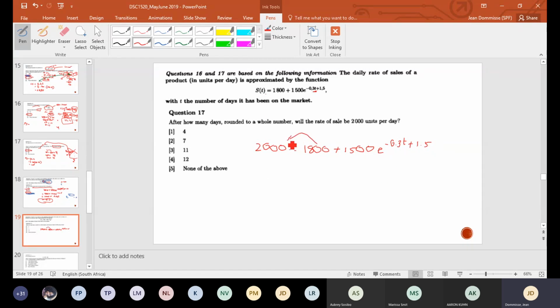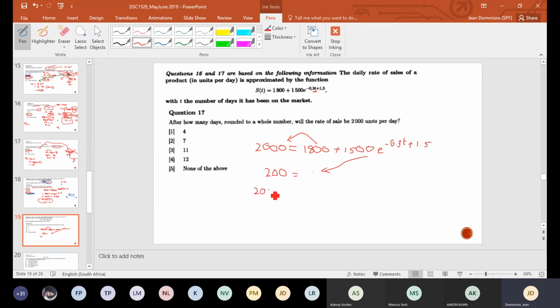Firstly, I need to move that to that side. So 2000 minus 1800 is 200. So that is equal to 1500 e to the power of 0.3t plus 1.5. Then I must first get rid of the 1500, so I divide on both sides by 1500.